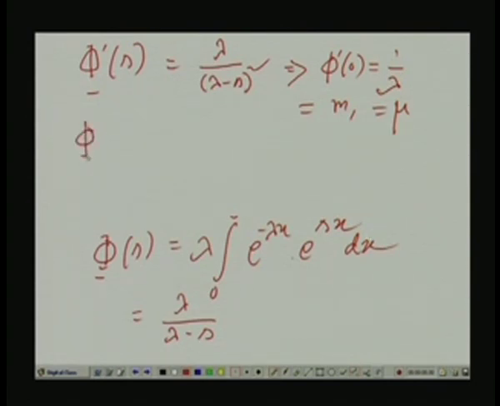And what is this? Another derivative, again a minus sign comes, but that gets cancelled by the minus sign coming from here. So it is lambda by lambda minus s.